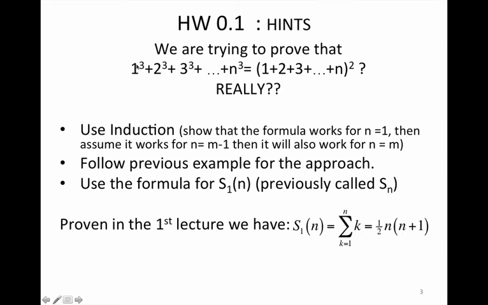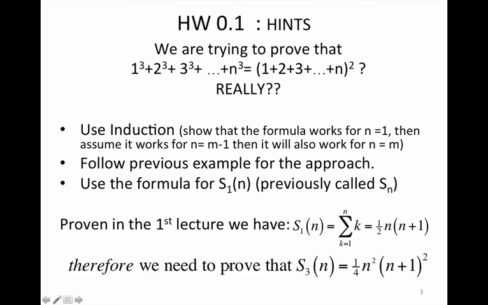So really, to prove this relationship, all you need to do is show that S3 of n is equal to this formula squared. So that would be 1/4 n squared times n plus 1 squared. That would be a little easier to do. So do the inductive proof on this relationship and see what you get. We'll see you back in a few days with the solution.